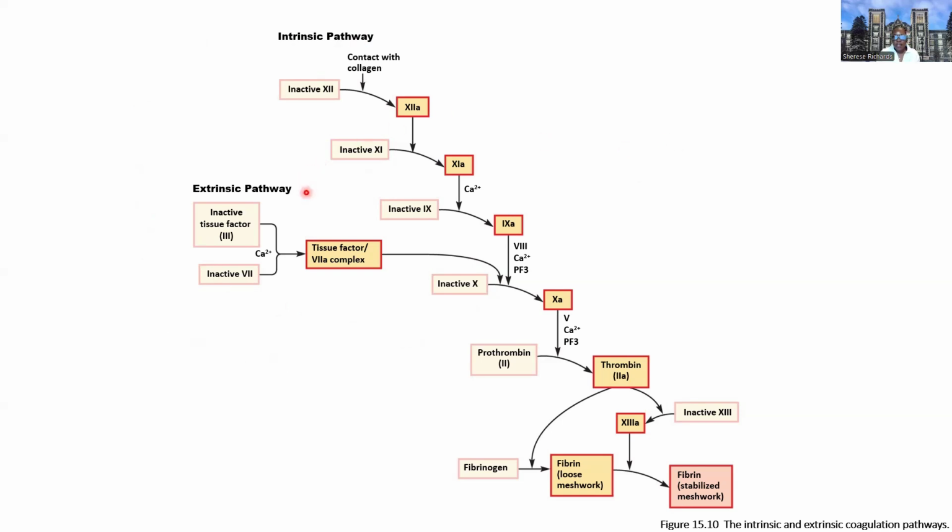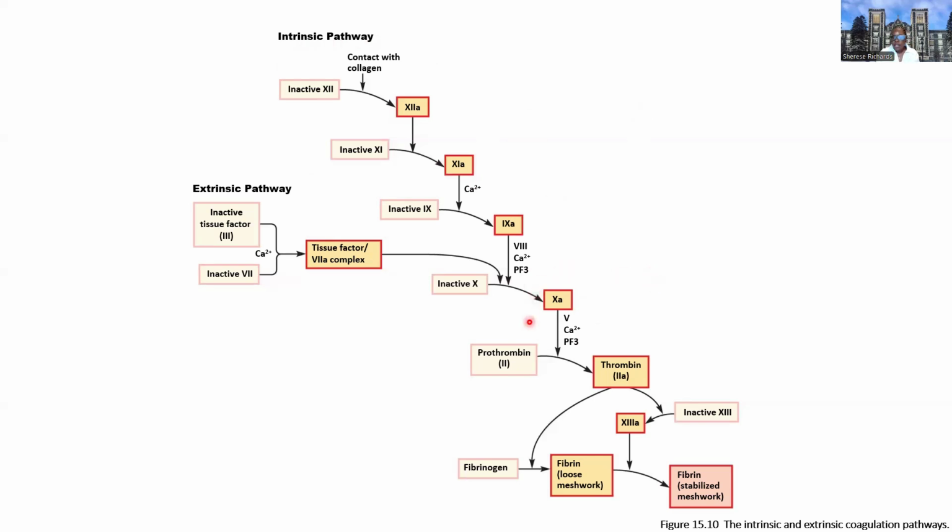So the details of the extrinsic pathway here that feeds into the intrinsic pathway, specifically at the conversion of factor 10 into 10A. This is where the extrinsic pathway meets the intrinsic pathway. And then further upstream in the intrinsic pathway, we have factor 12, 11, 9, and then ultimately at factor 10A is where both pathways combine.